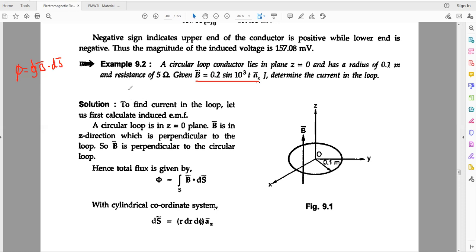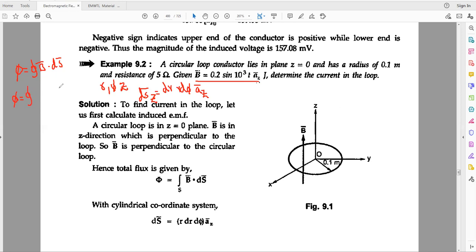Since it is in the cylindrical coordinate system with R, phi and Z, along the Z axis ds Z bar, the differential surface area normal to the Z direction, is R dr d phi AZ bar.